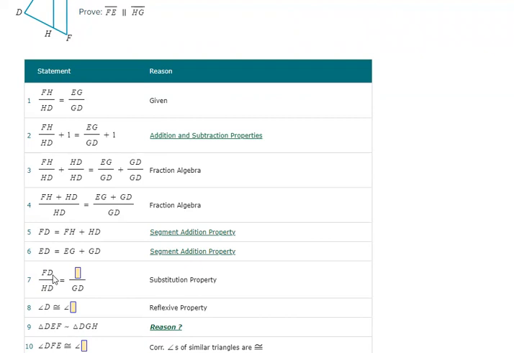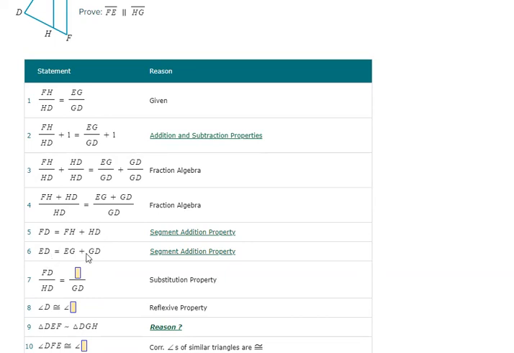And EG plus GD is equal to ED, so we are going to replace the numerator with that. So what happened right here is that this is the same as FD, which is why it just changed, which we call substitution.